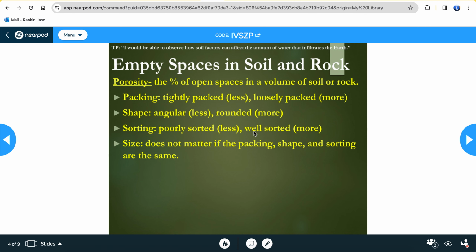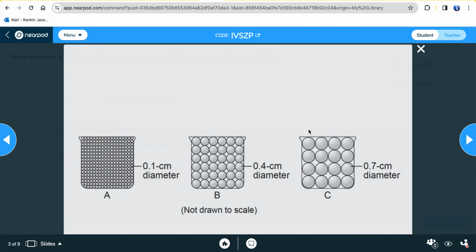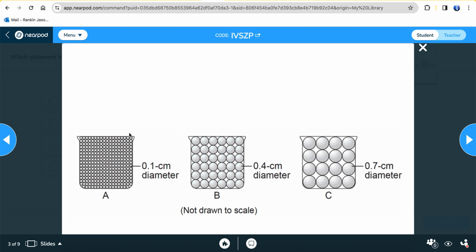That's why I mentioned in that diagram here that this is well sorted, because that's all the same size for A. B, 0.4, that is well sorted, it's all the same size. And then C is 0.7 centimeters, all the same size.